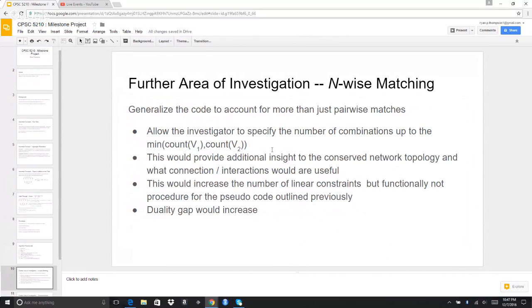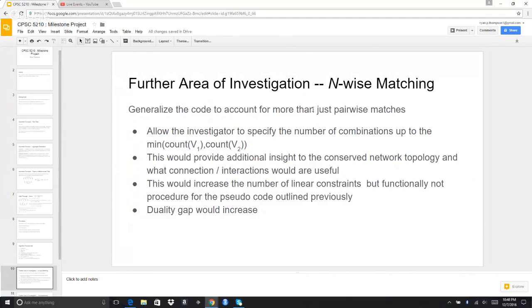The reason I think this would be interesting is that it will provide additional insight into the conserved network topology and what interactions are useful. Knowing what nodes are connected is helpful, and knowing what pairs of nodes are helpful. But if the investigator was able to say, I want to know for a 3 combination, or a chain of 3, is that matching still conserved between networks under a stimulus?